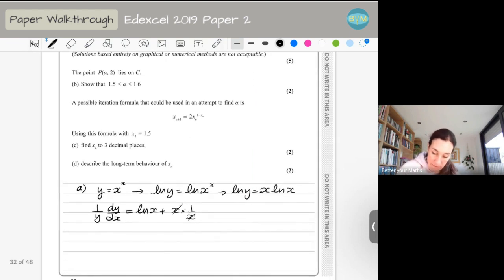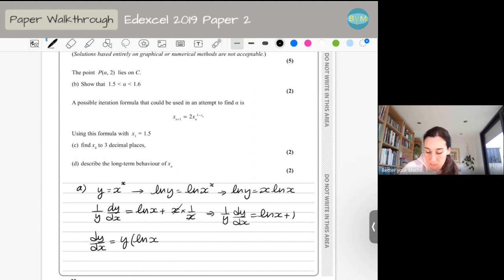So what I have is that 1 over y dy by dx is ln x plus 1. I'm going to make dy by dx the subject to be able to make it equal to 0 to find the stationary point. So dy by dx is y multiplied by ln x plus 1, and this must be equal to 0.